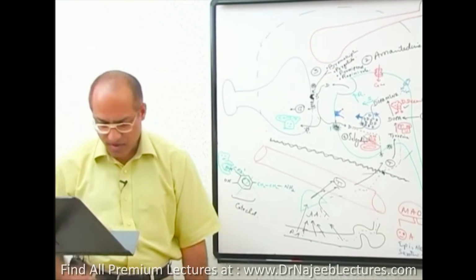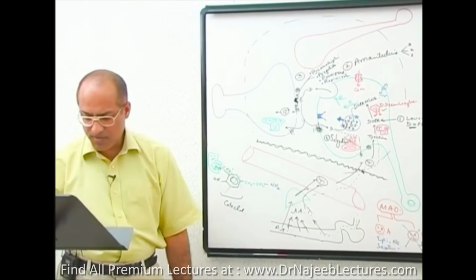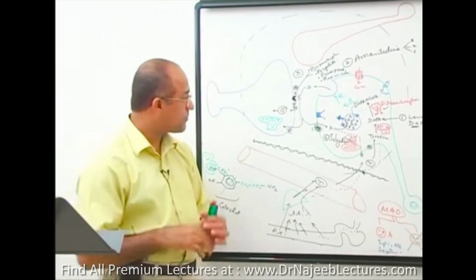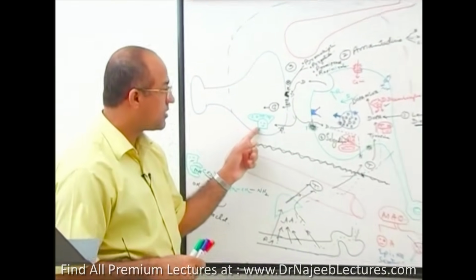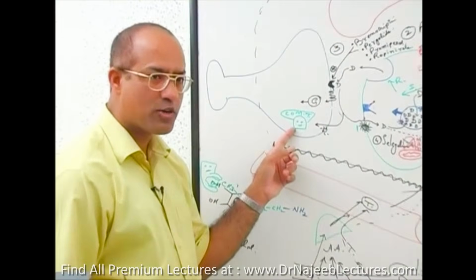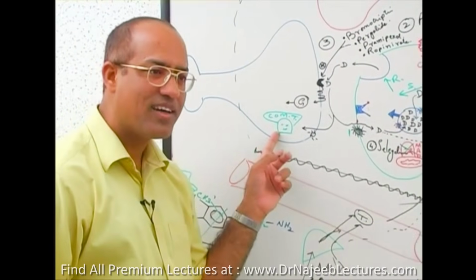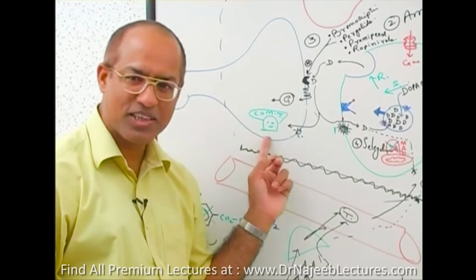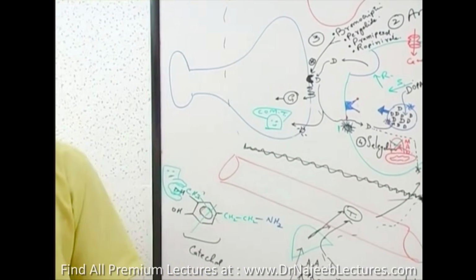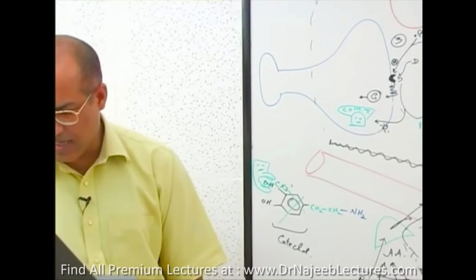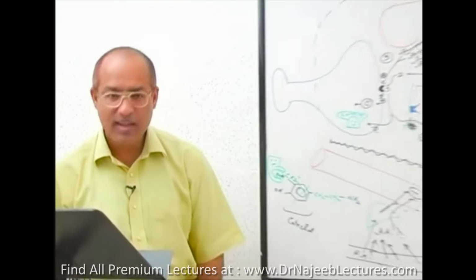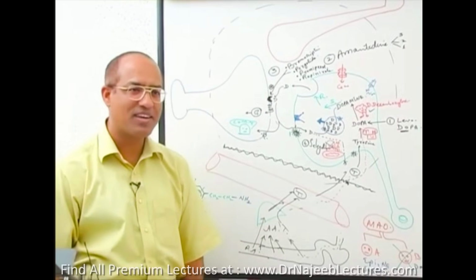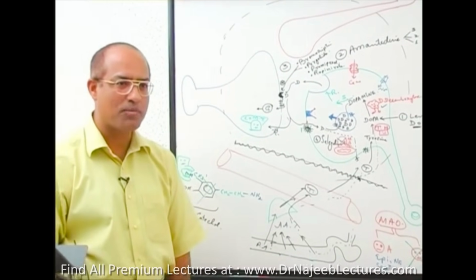Is that right? Now, after that, we come to a drug which will block the action of catechol O-methyl transferase. Who will tell me the name of that drug? Don't tell me Tolcapon.